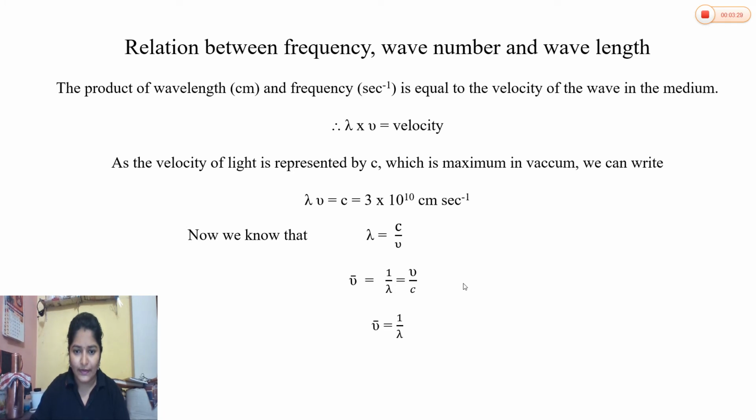So the final equation suggests that mu bar, that is the wave number, is inversely proportional to the wavelength and inversely proportional to the velocity of light and directly proportional to the frequency.